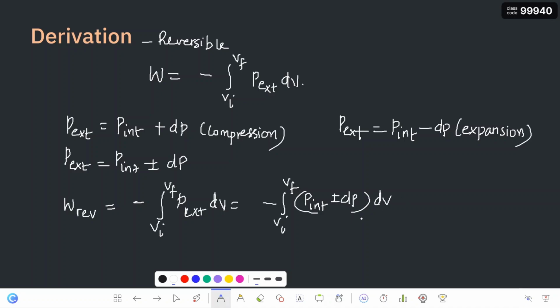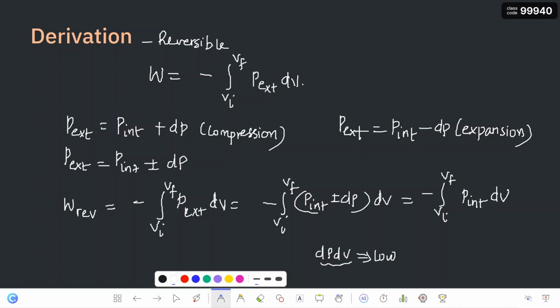So this will become P internal dV plus or minus dP dV. dP is the change in pressure, dV is the change in volume. Both are very low values, so the product will be really low and can be neglected. So this equation will become W equal to minus integral of Vi to Vf P internal dV.